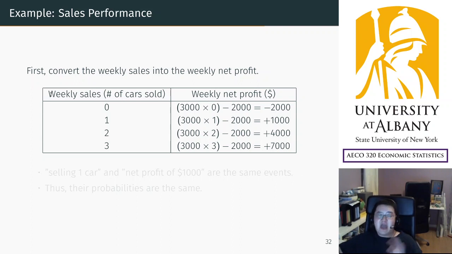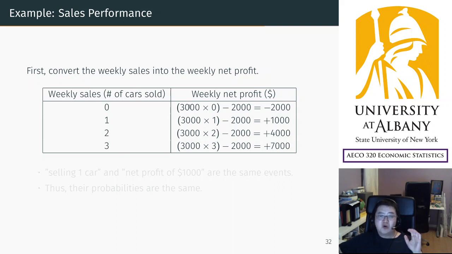So in the first table, we had a column named weekly sales, which was the number of cars sold in a week. The possible outcomes were 0, 1, 2, 3. What we are doing here is transforming these numbers into net profit.